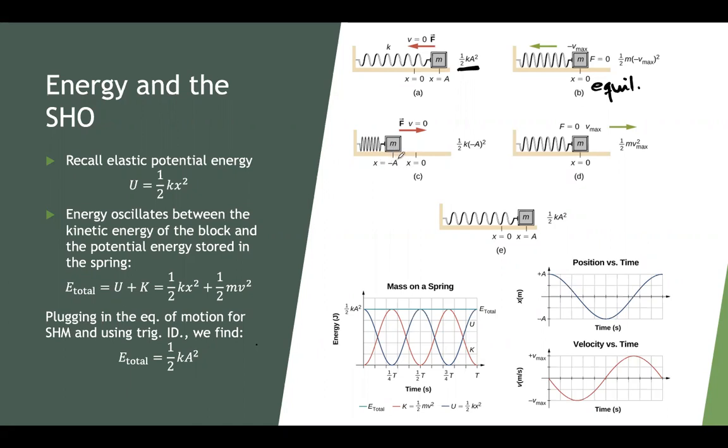And at this point, again, we have our elastic potential energy, now at negative A. And then once it passes that, it goes back to our equilibrium position, or it passes through that with our kinetic energy, 1/2 m v max squared.